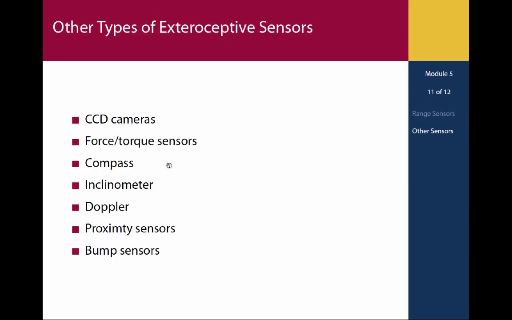There are compasses, so we can determine heading, and inclinometers, so we can determine inclination, what angle our system is at. There are Doppler-based sensors. These are more for high-speed applications, such as highway vehicles. Proximity sensors, and even rudimentary bump sensors. These are all other examples of exteroceptive sensors.